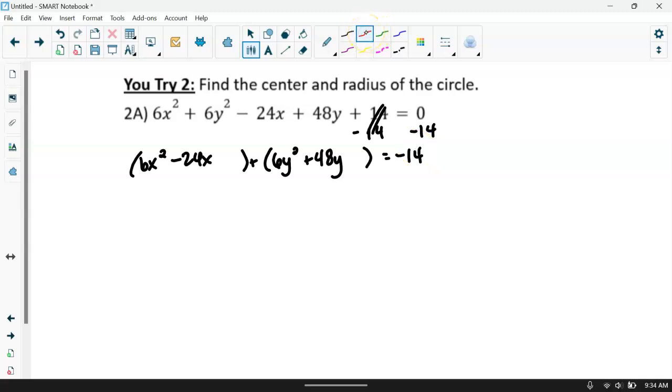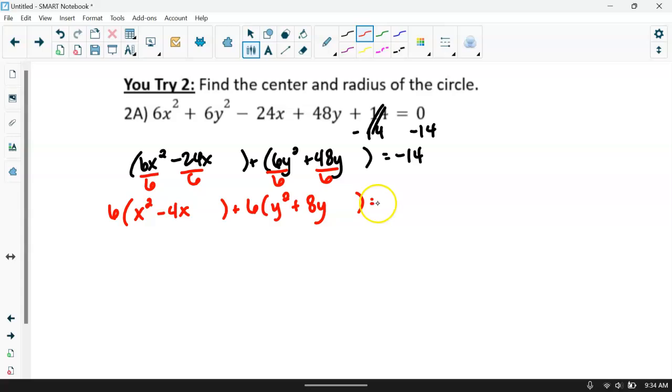But before we get started, right, what was the GCF? What did you have to divide by? By 6. So that means here I've got 6 and then x squared minus 4x, then plus 6 times y squared plus 8y is equal to negative 14.